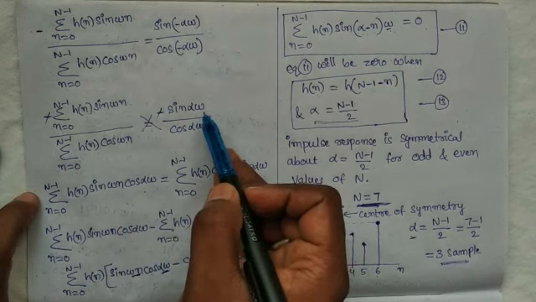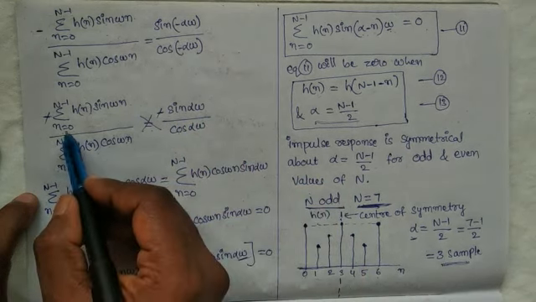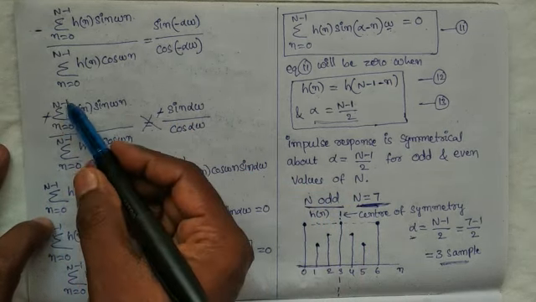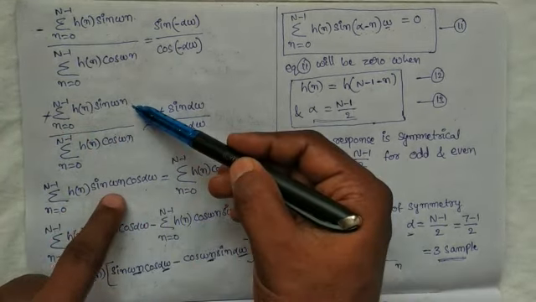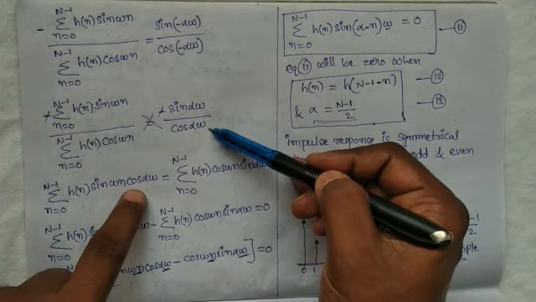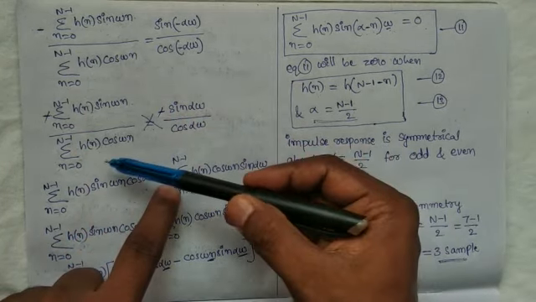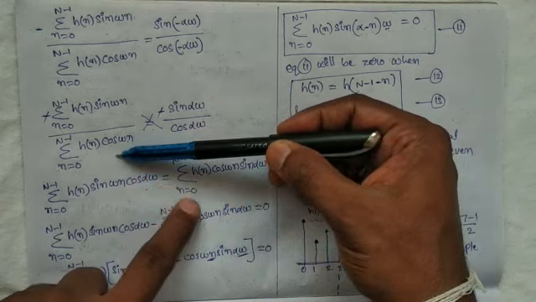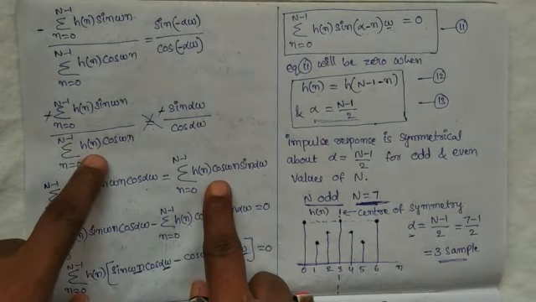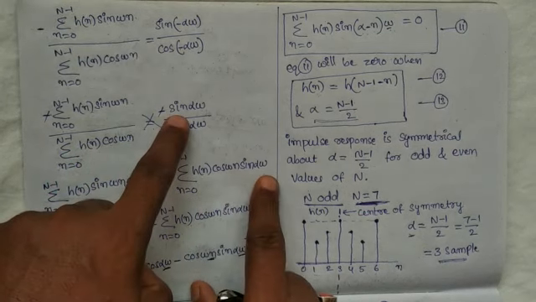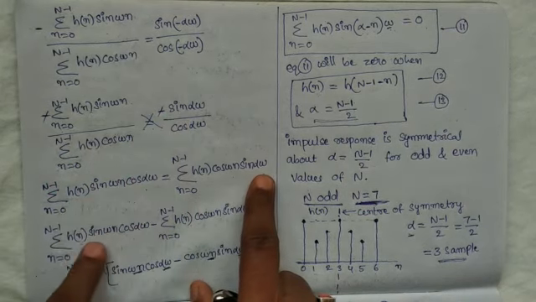It is here means summation n is equal to 0 to capital N minus 1 h of n sin omega n into cos alpha omega is equal to summation n is equal to 0 to capital N minus 1 h of n into cos omega n into sin alpha omega.